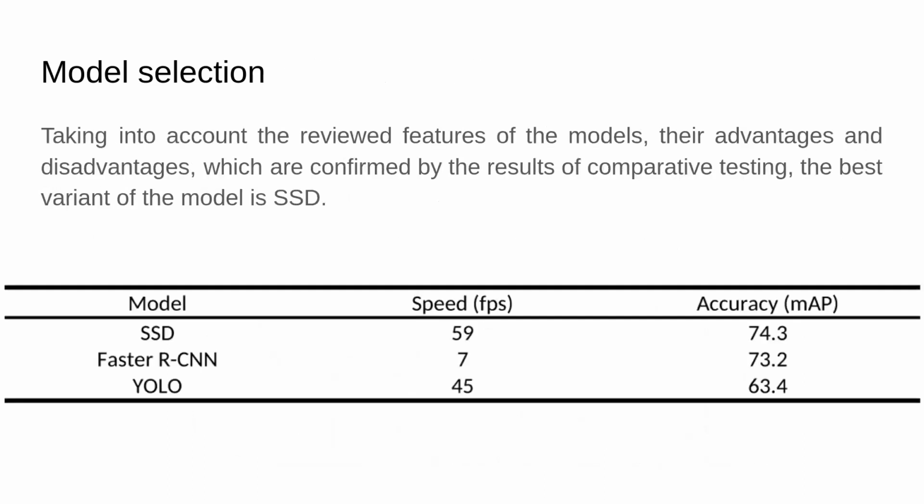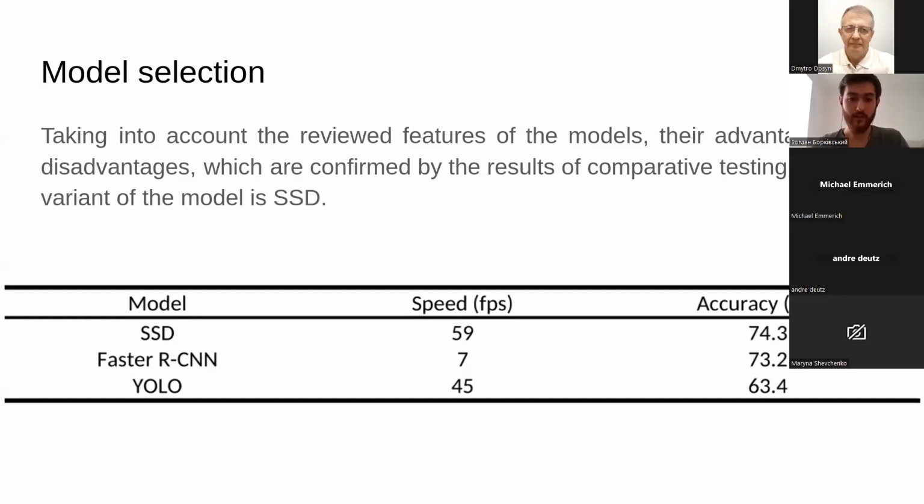Here is a comparison of models, as can be seen from results and also from analyzing pros and cons of models. We can see that YOLO's accuracy is much lower than accuracy of other models because it can detect way fewer objects.